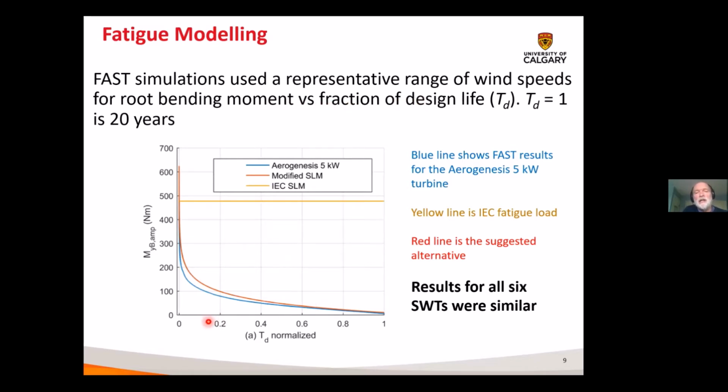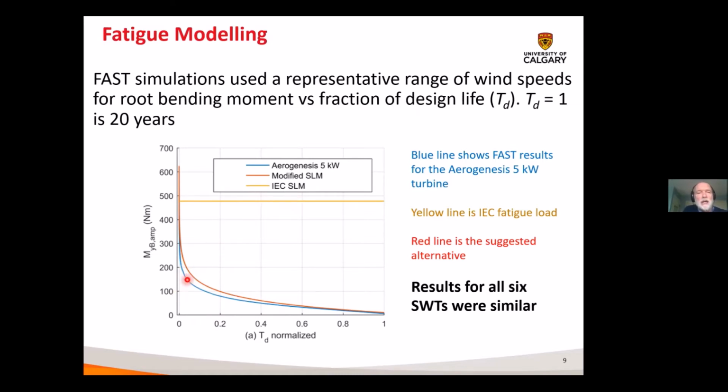On this figure, TD equals 1 corresponds to a 20-year lifetime of this blade. In the yellow color, you see for this particular turbine what the IEC simplified load model tells us the fatigue load is.